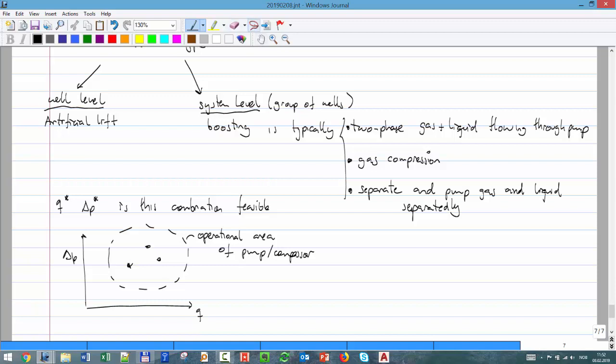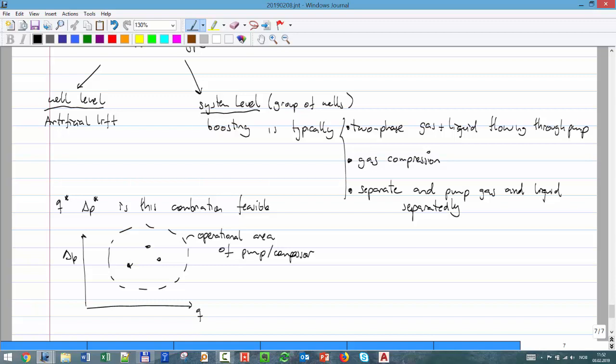But to see how that area looks, we have to go a bit deeper, not too much, into how the compressor and the pump work. How many of you had some class about pumping or compression before? One? Okay, it's not a big problem, but we have to go into some detail on how the machine works to find out this area.